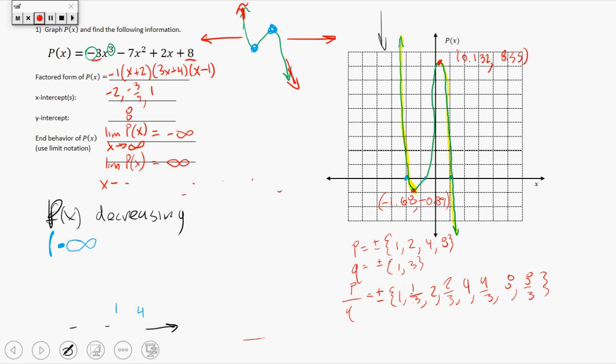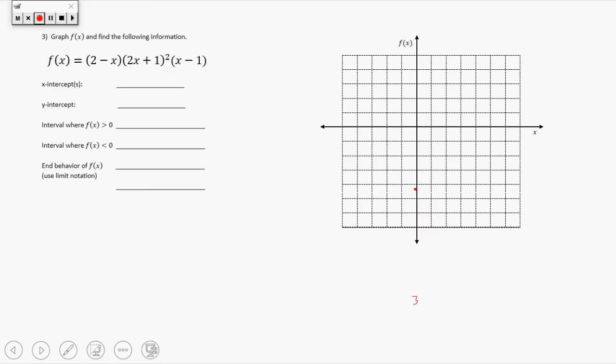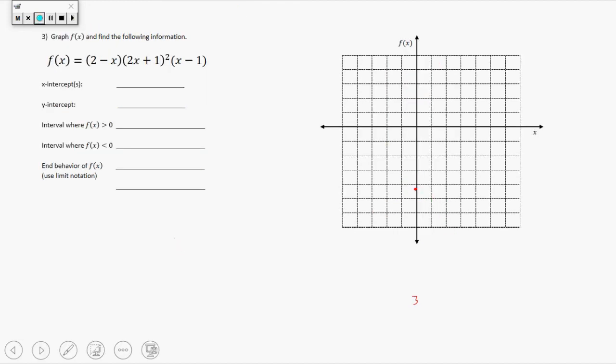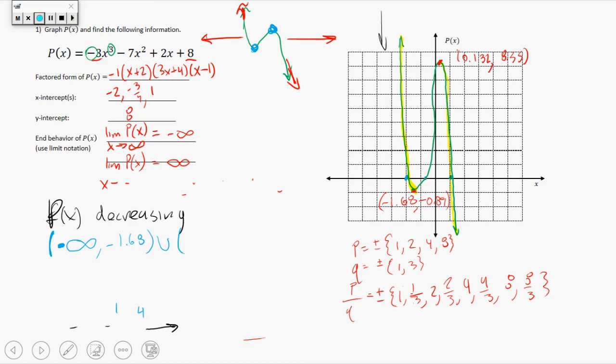to, what is this? And it's rough. Computer's going really slow. From negative infinity to negative 1.68, union from 0.132 to positive infinity.